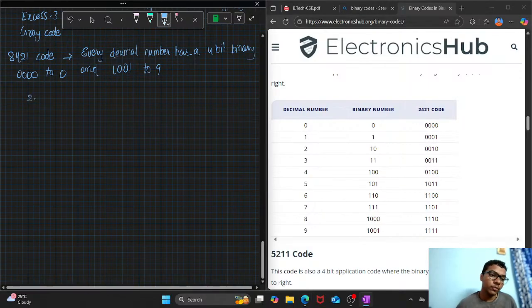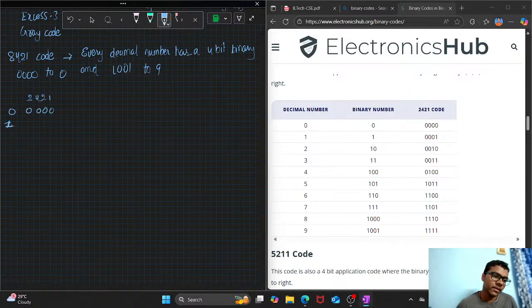And 2421 code for 0, that is going to be zeros, and for 1 it is going to be 0001. For 2 it is going to be 0010, and for 3, 0011, and 4 it will be 0100, and for 5 it will be what? 4 plus 1, right? 0101.